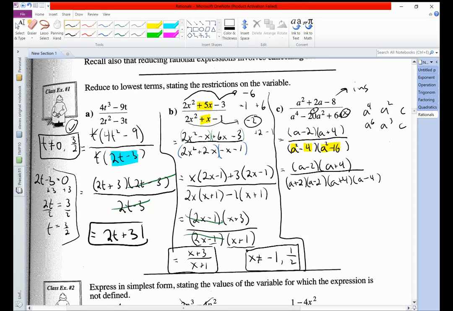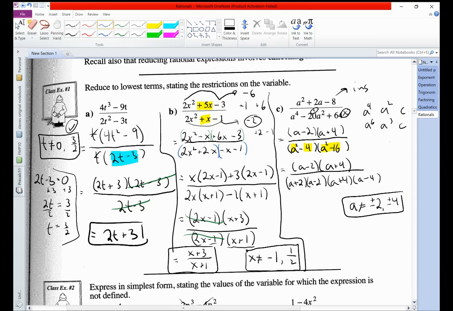Now that we're here, we can say, okay, well, our a values cannot equal plus or minus 2 and plus or minus 4. Those are the non-permissible values. And now we can do some canceling.